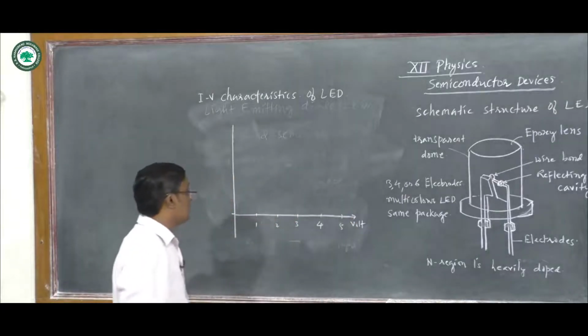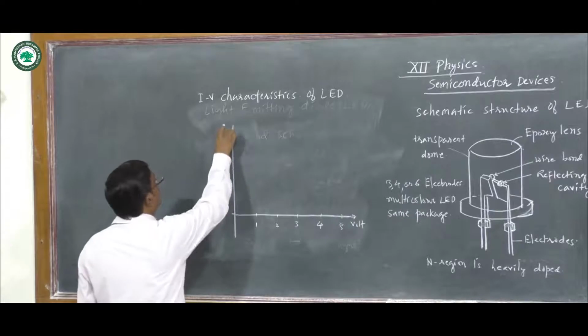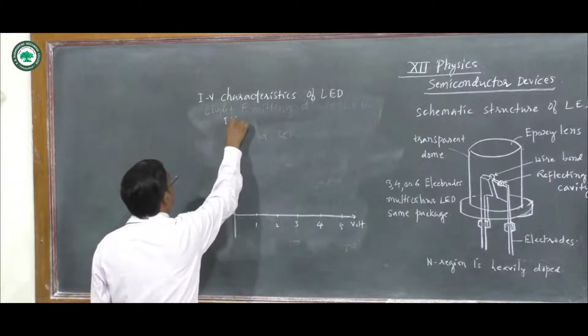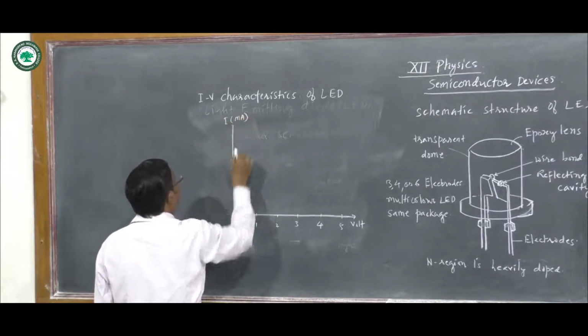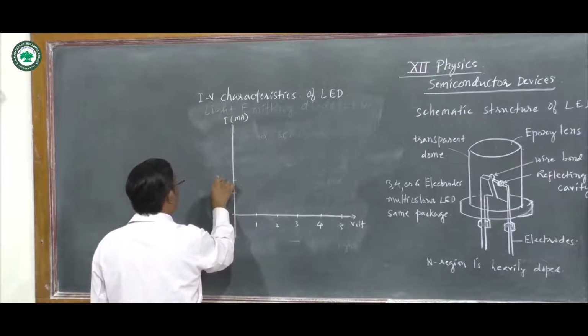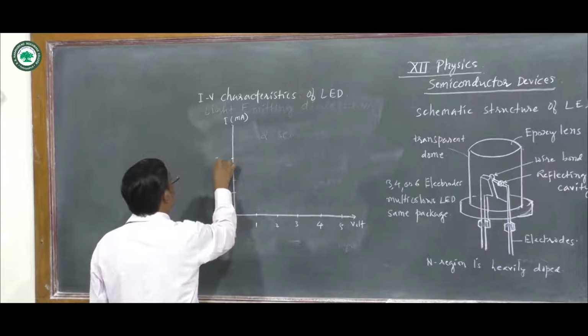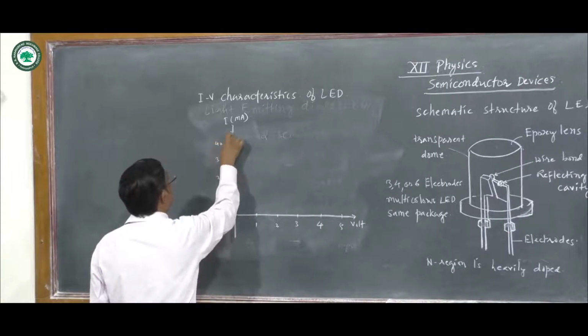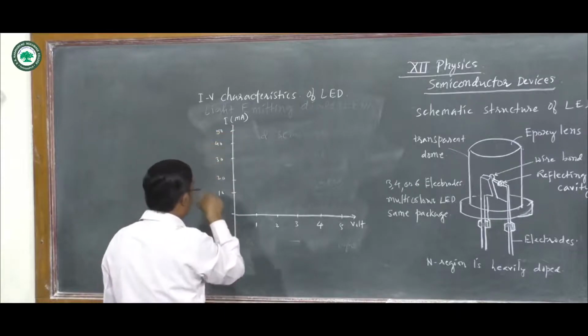And we get the output current I, which is in milliamperes, from 10 milliamp, 20, 30, 40 and 50.